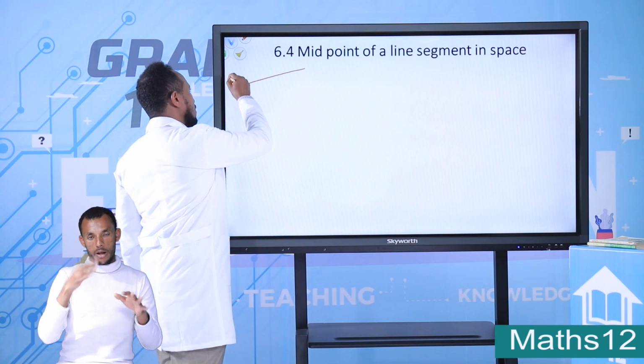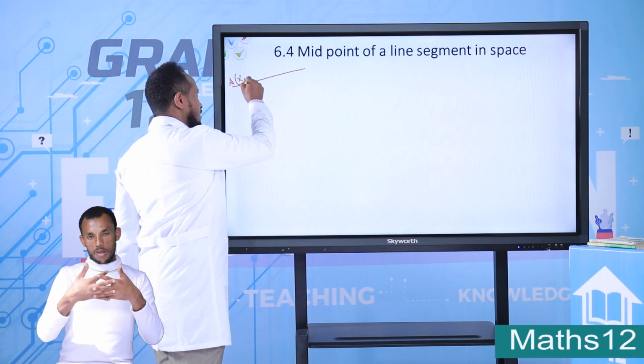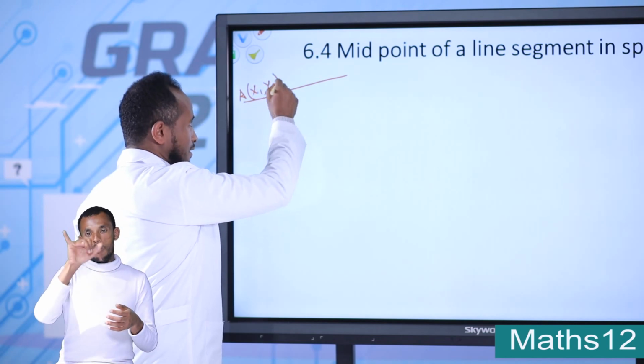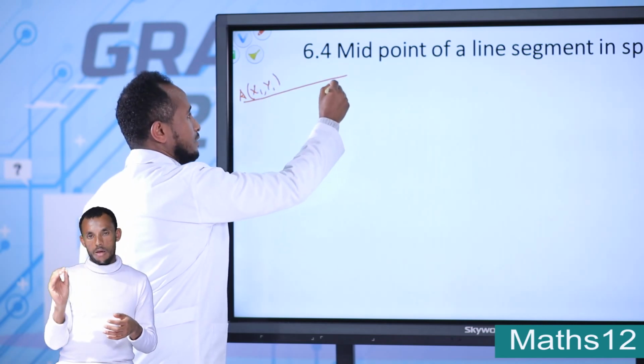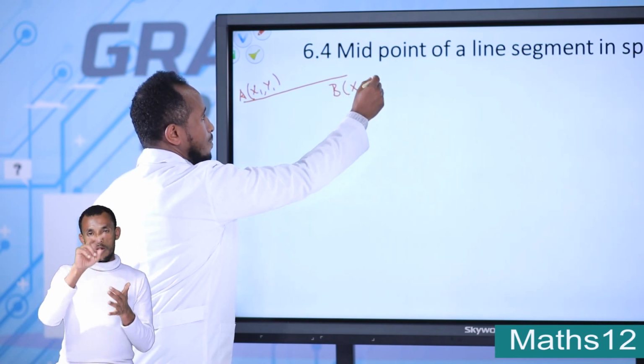If you have a point here, assume the coordinate of this point is x1, y1, and this end point is x2, y2.